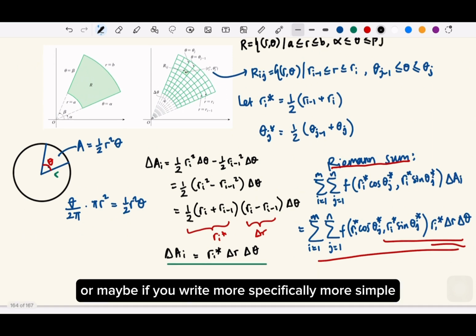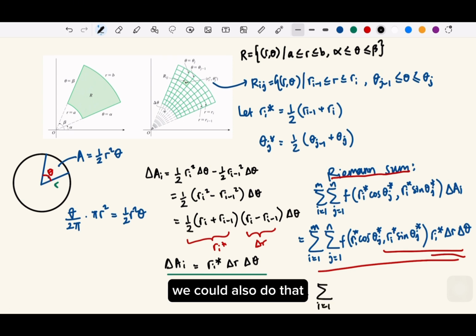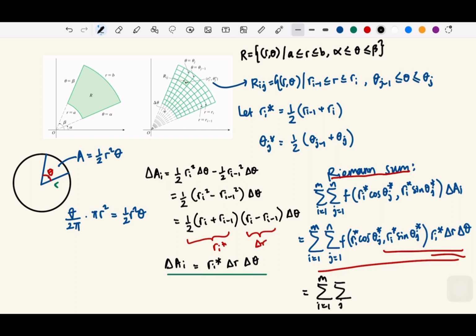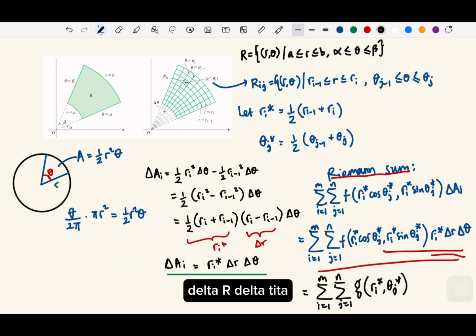Or more simply, we can write it in terms of g, which is a function of r and theta, with delta r, delta theta.